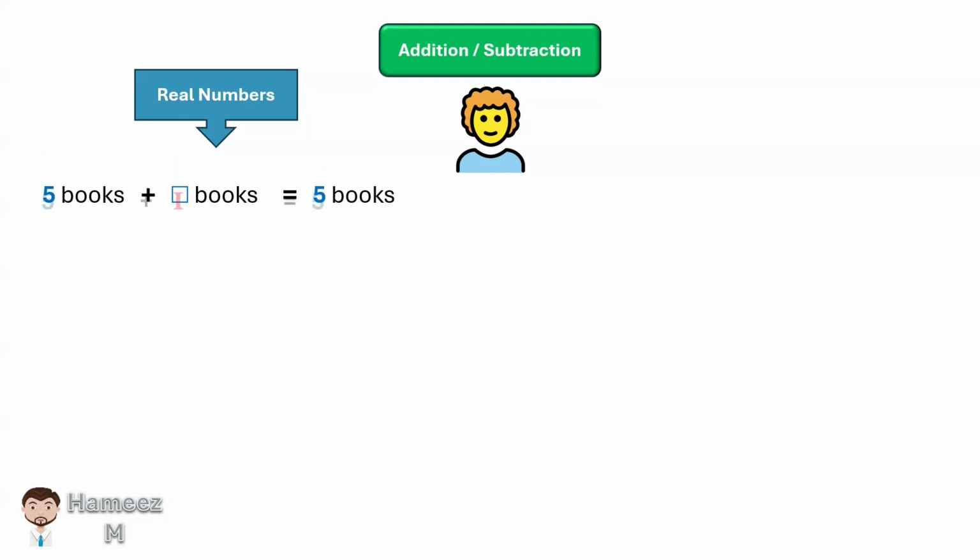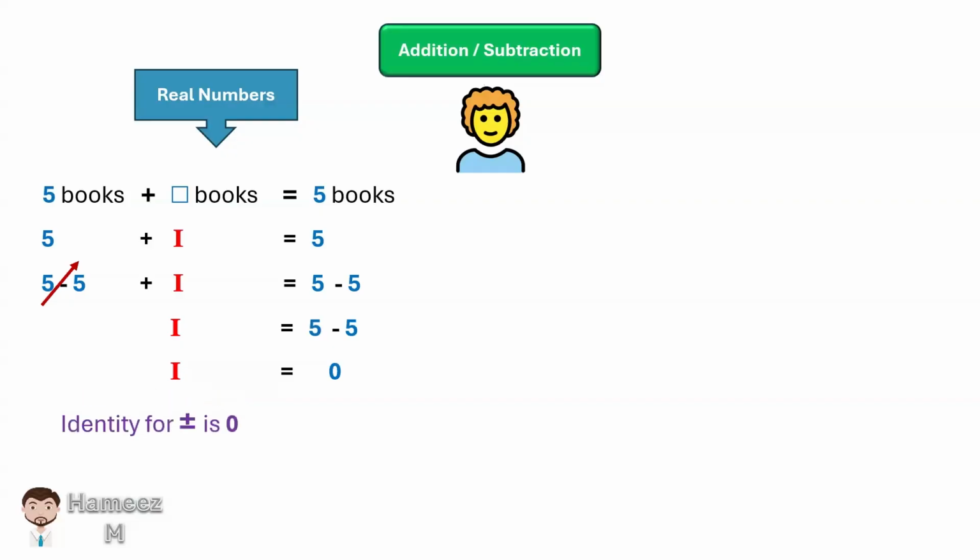That is called the identity, as long as we can figure out what that is. So if we want to find the identity alone, we can minus 5 from both sides from your typical algebraic solution. So 5 minus 5 is 0. It disappears on the left side. So what that means is we're left with I is equal to 5 minus 5. The identity for addition, and the identity works out to be 0 when we're using real numbers. So the identity for addition or subtraction is 0.